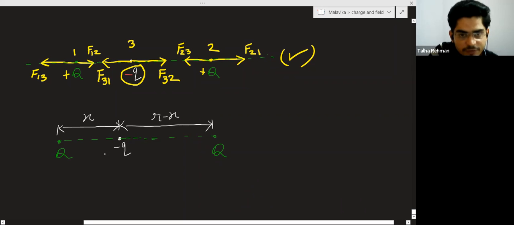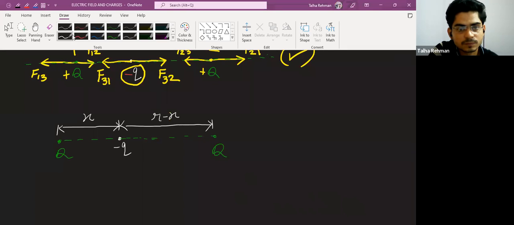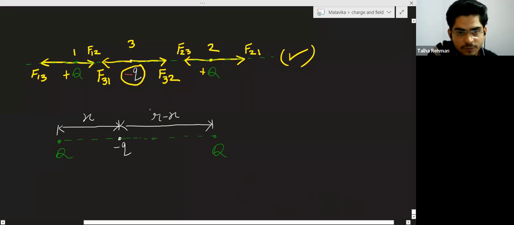So if I want to calculate the force here, the force here we have represented F32 and F31. Now we know that all the charges are in equilibrium.